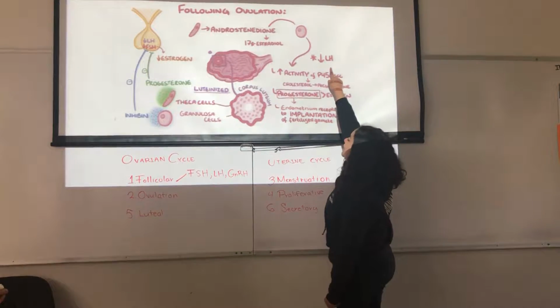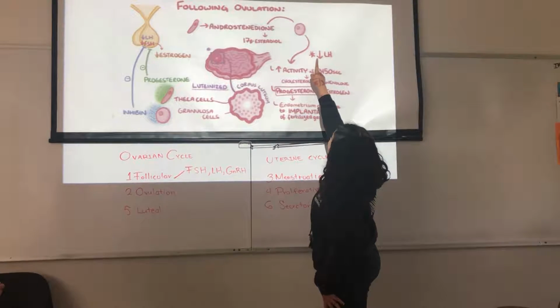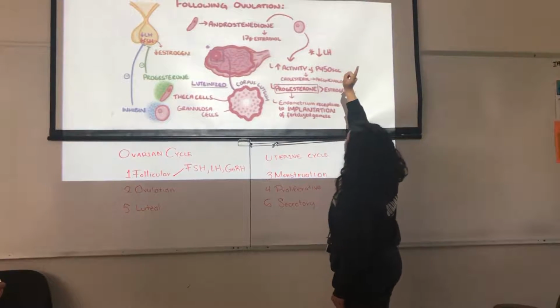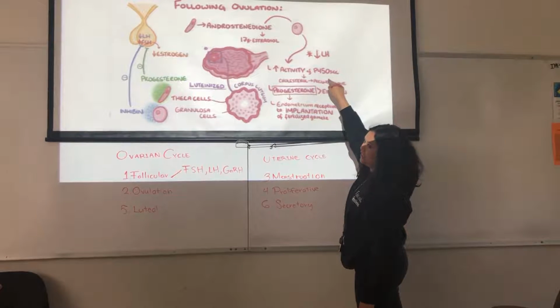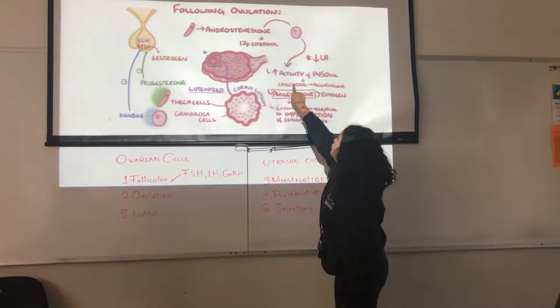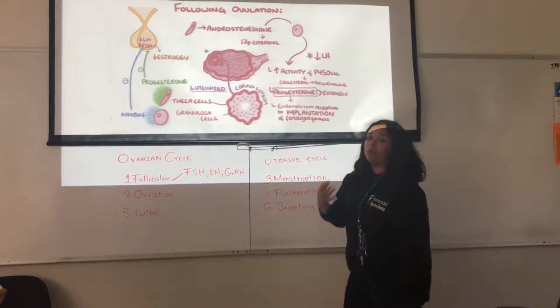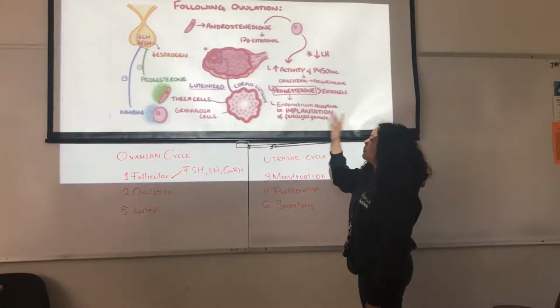Now that the LH hormone has reduced because the oocyte is gone, this causes the activity of the enzyme P450-SCC to increase. So it converts the cholesterol into a hormone called pregnenolone, which is a precursor of progesterone.